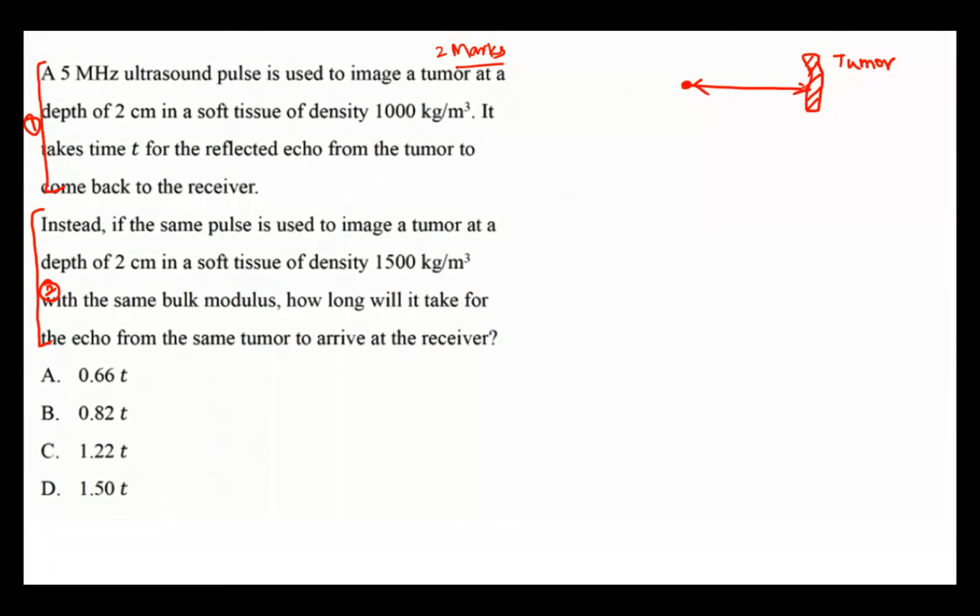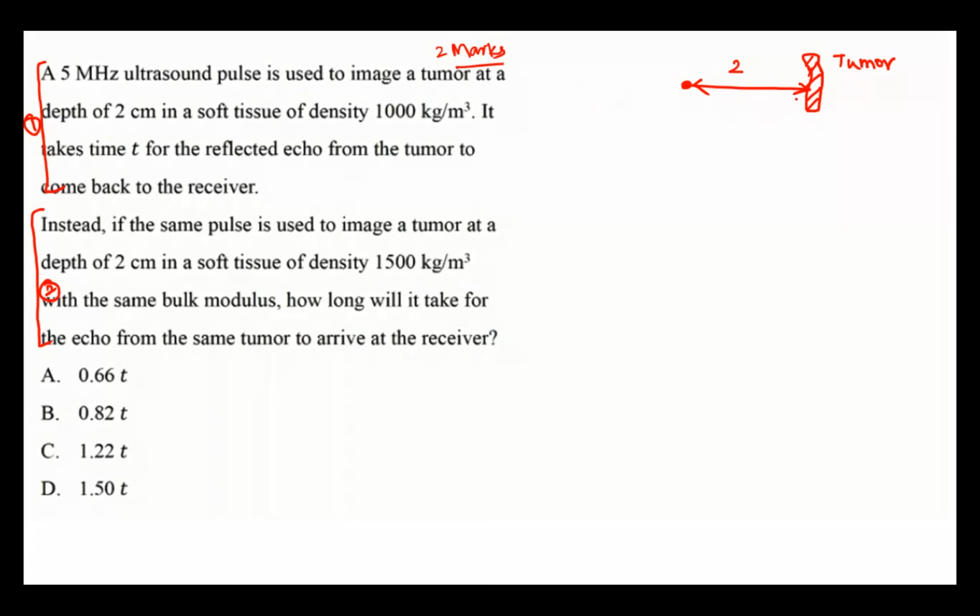They have given some values: a 5 megahertz ultrasound pulse is being passed, and there was a 2 centimeter depth. So the distance is 2 centimeter from the ultrasound transducer to the tumor, and in the tumor the density was 1000 kilograms.